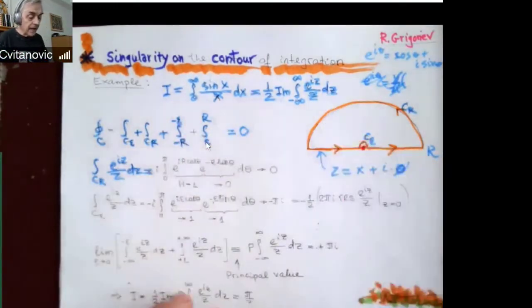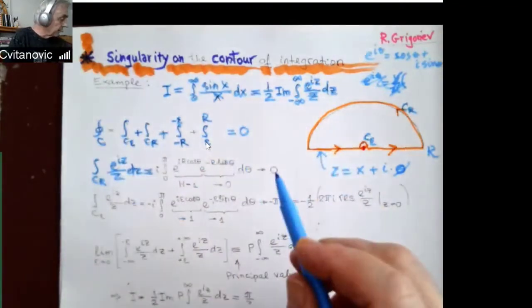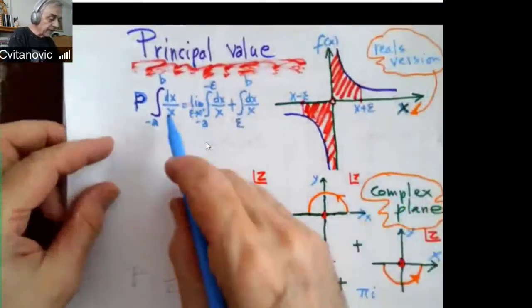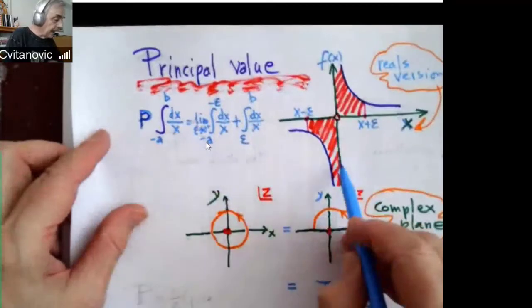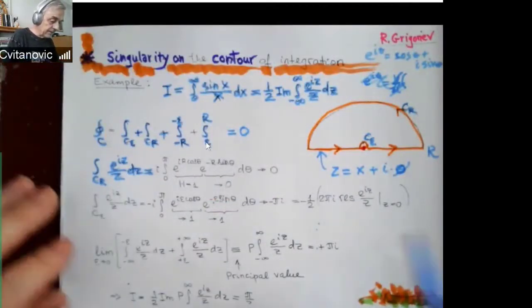On the real line, there's just a boring integral from minus infinity to plus infinity that has a little hump in the middle, and we want to evaluate this.